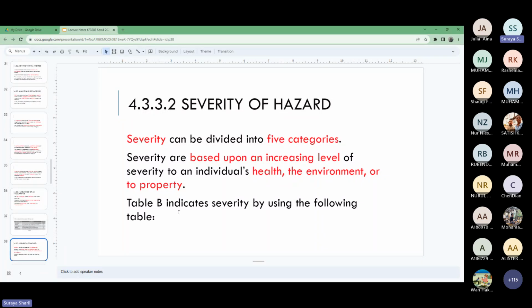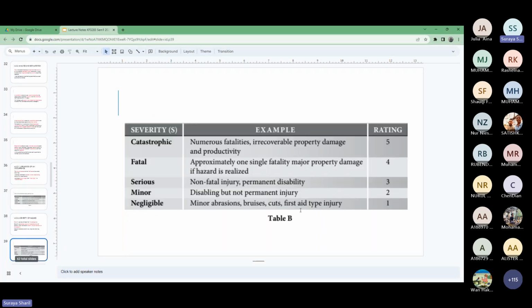So table B indicates severity using the following example. Severity can also be divided into 5 levels. The highest here is catastrophic. Next is fatal. Third is serious, fourth is minor, and lastly is negligible.